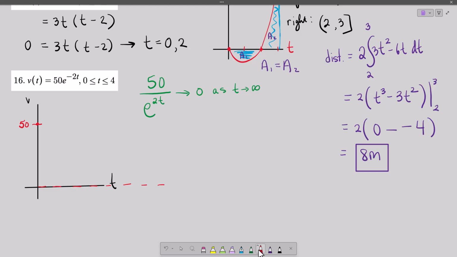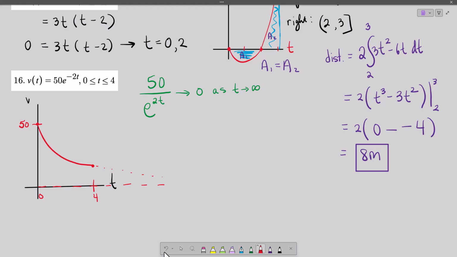So our function, we only really care about 0 to 4. There's 0 to 4. It's going to cross this line somewhere. We don't know where, and then this is going to continue on down towards the x-axis, approaching the x-axis or the t-axis.